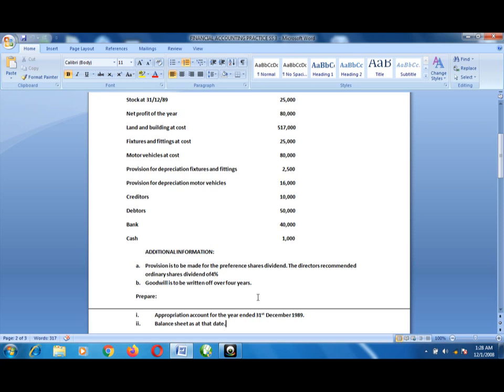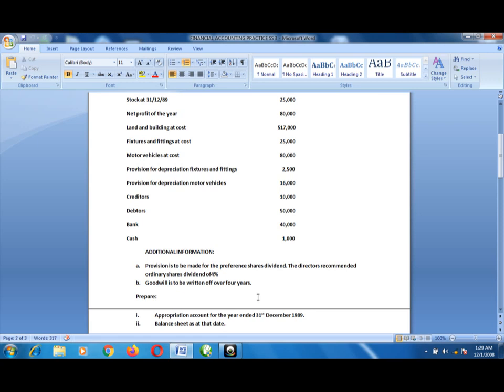The additional information you have: provision is made for preference share dividend. The directors recommend ordinary share dividend. Now 3% to get the dividend for preference share, you have 3% of 100,000 will give us 3,000 naira, and that's the dividend on preference share, you have 3,000 naira.